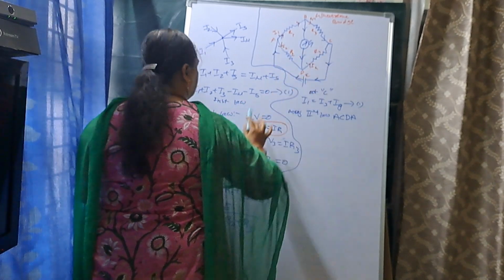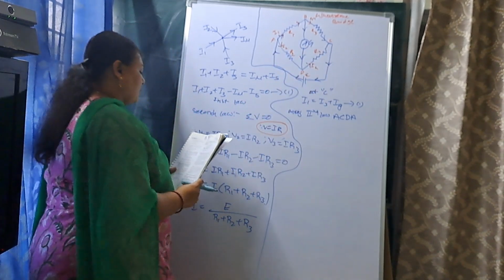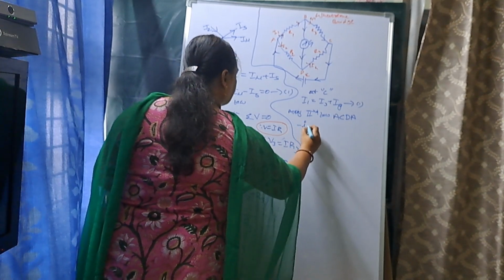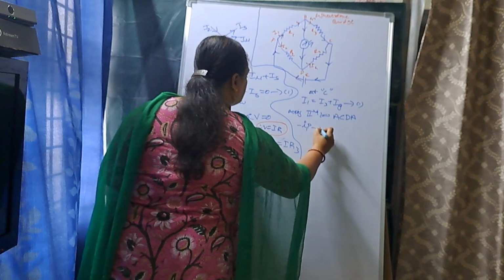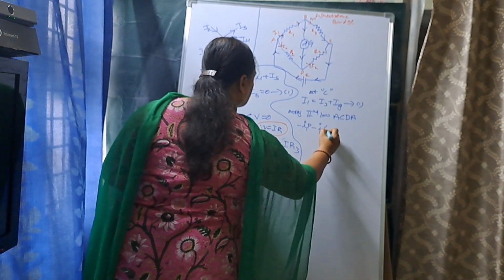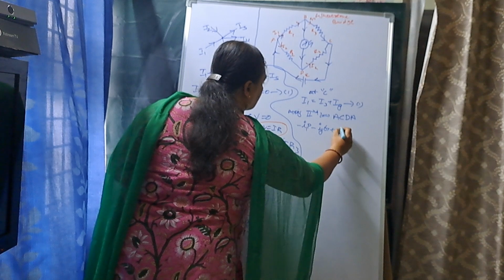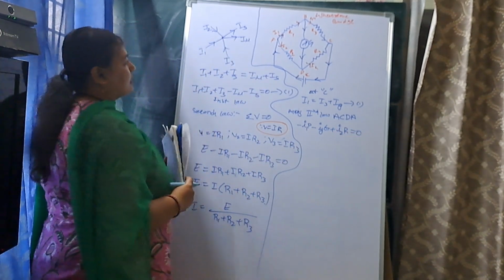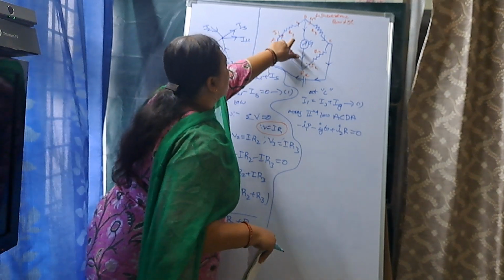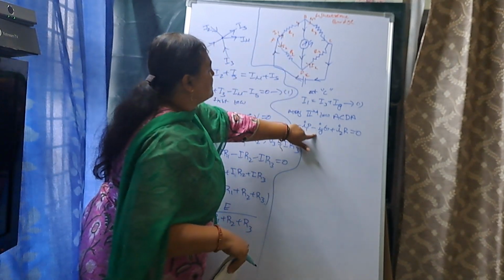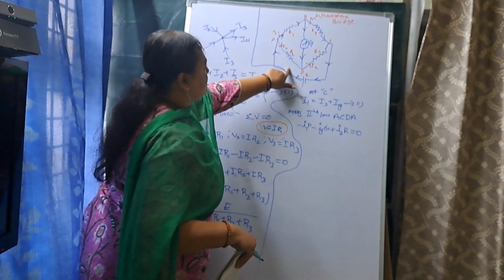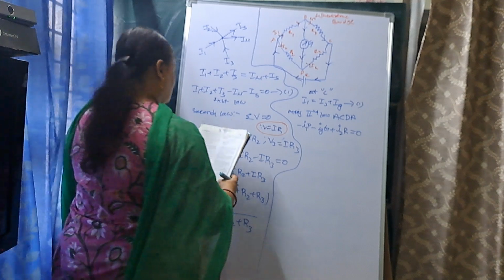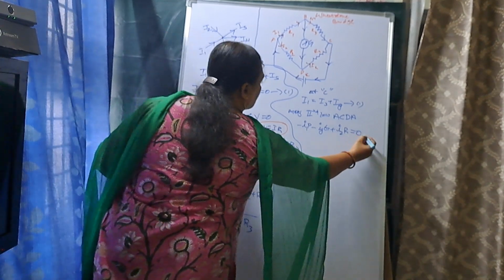So A, C, D, A. When we apply Kirchoff's second law, that is minus I1 P minus Ig G plus I2 R is equal to 0. These two are in the same direction, that's why the same sign, and I2 is in the opposite direction, so that's why the other sign. This is equation number 2.